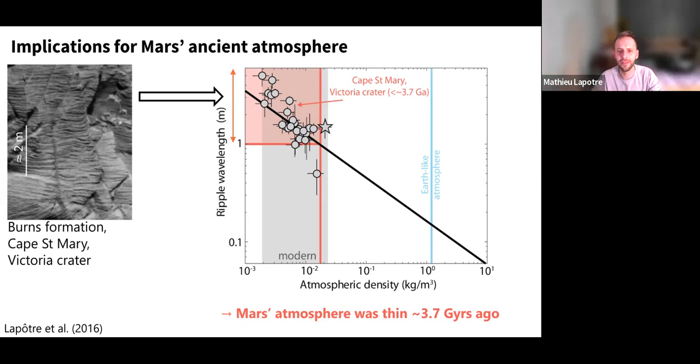And one really fascinating observation that we made is that we found stratification left behind by large ripples like these that are stratigraphically bounded by subaqueous deposits, both below and above.